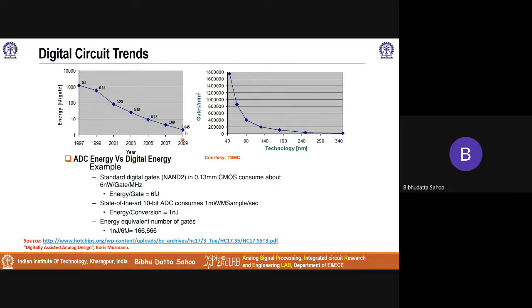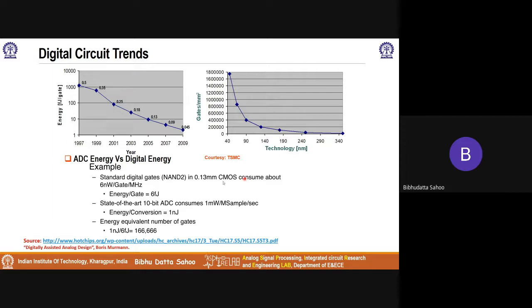So not only does the energy per gate reduce, but the number of gates that can be packed in lower technology nodes is more and more. Therefore, can we build sloppy analog circuits in low technology nodes to reduce the power and use digital circuit techniques to compensate for the analog performance issues?